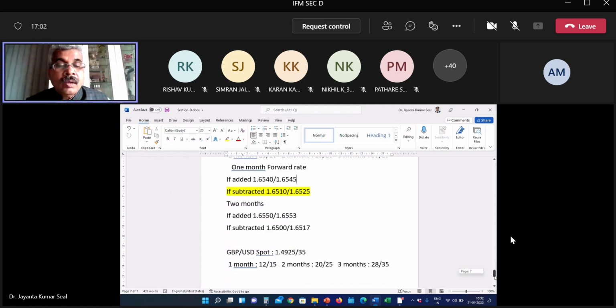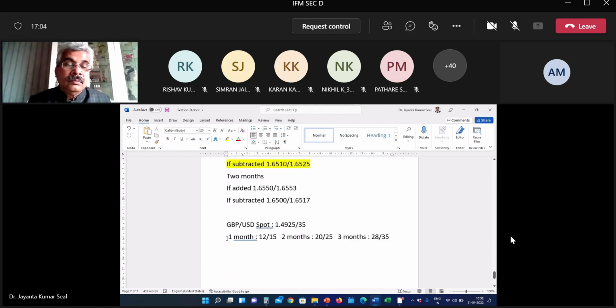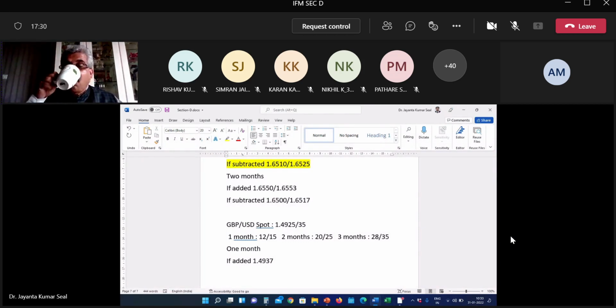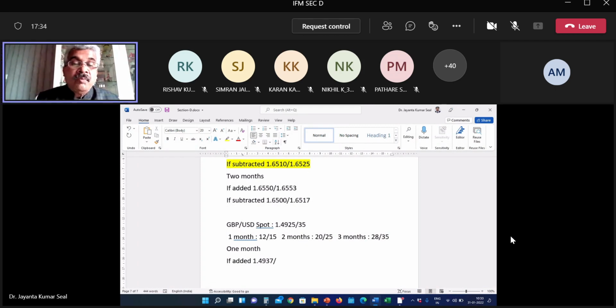What about this one? So suppose you calculate for 1 month. If added, 1.4925 plus 12, 1.4937. And 35 plus 15 is 50.